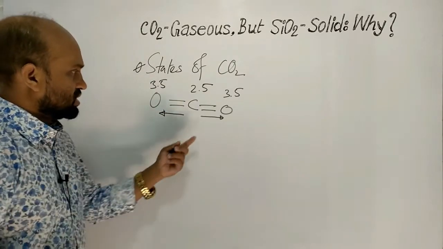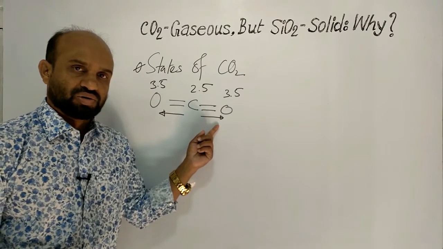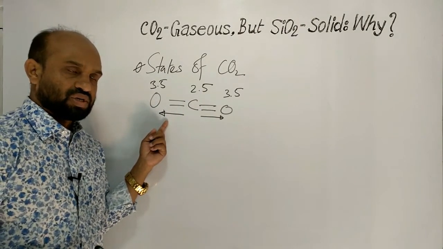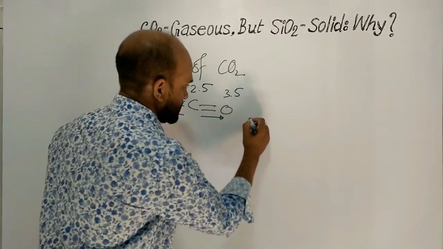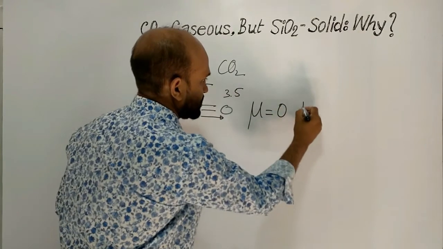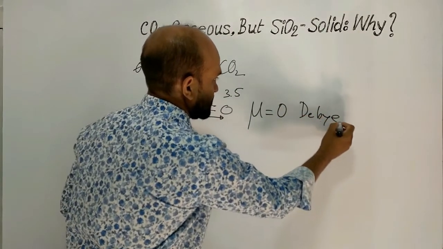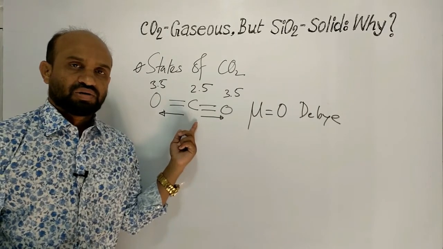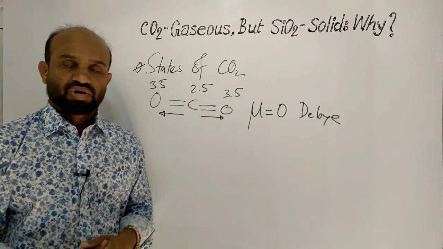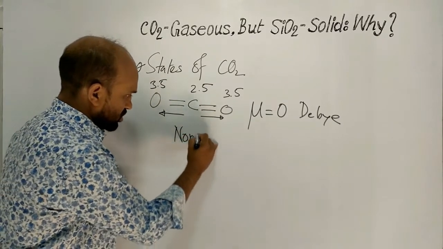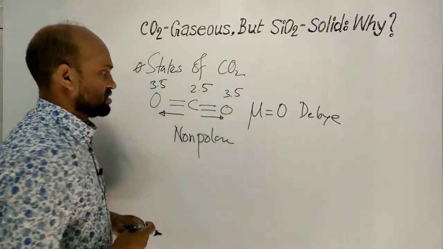But the polarity of this bond cancels the polarity of the other bond. That is why the dipole moment of this molecule is 0 debye. Ultimately, this molecule becomes a nonpolar molecule.